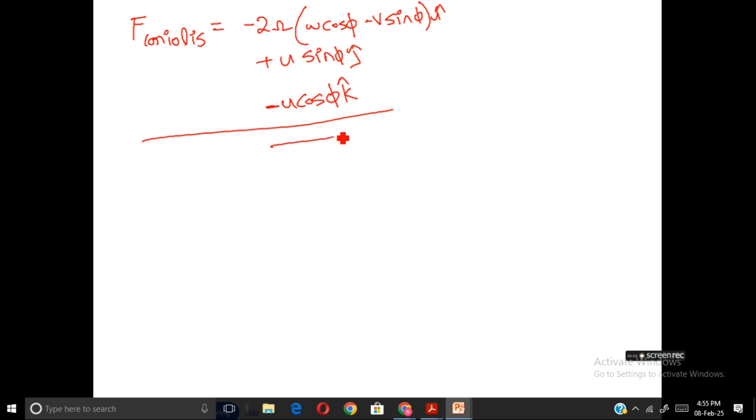Minus 2 omega is common. So this is the Coriolis force along different directions, in component form.